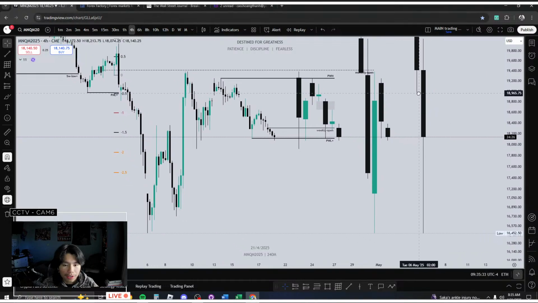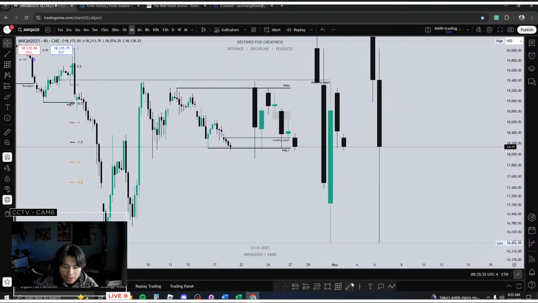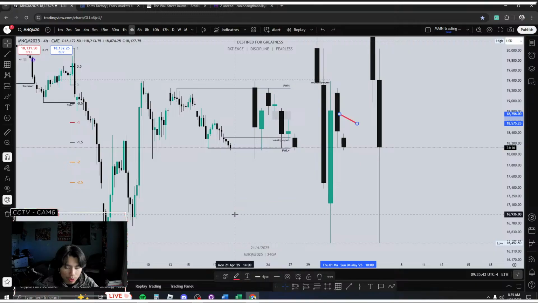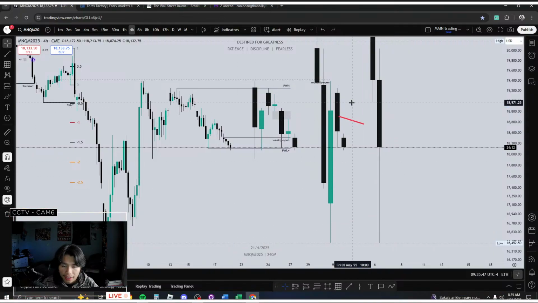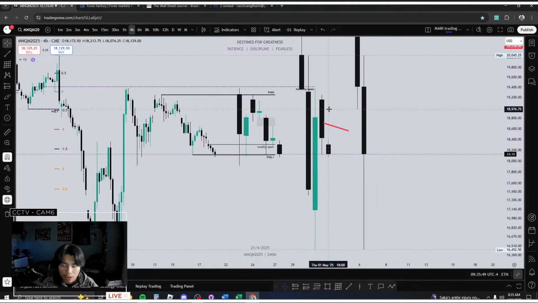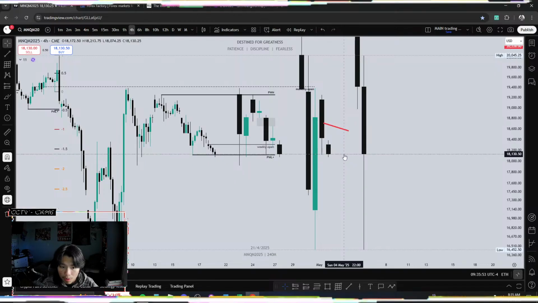So this is the weekly candle from last week. With the way that we created this candle, with the way that we close, I can anticipate prices to take out the weekly low.